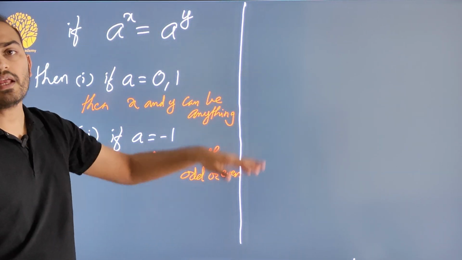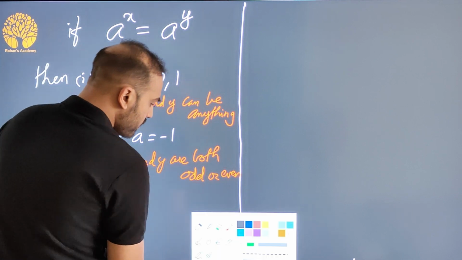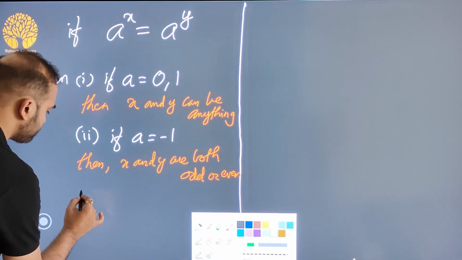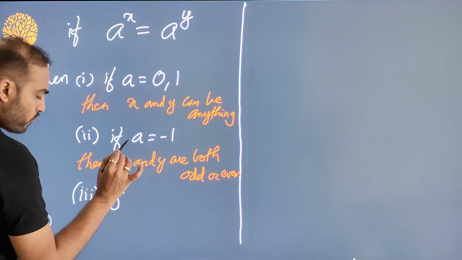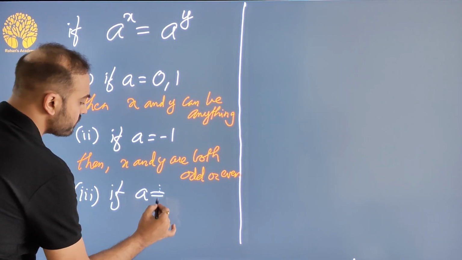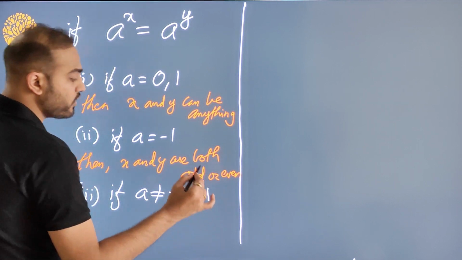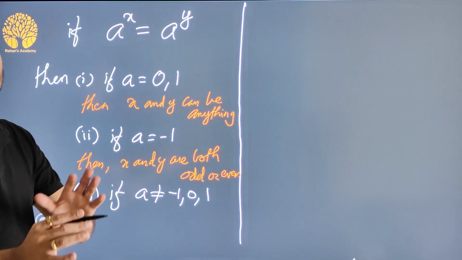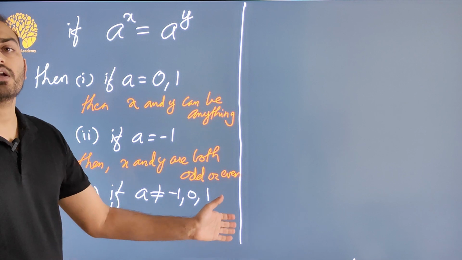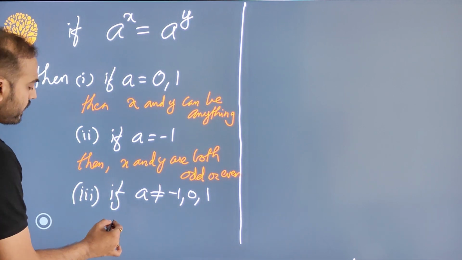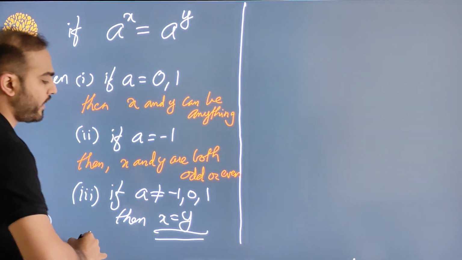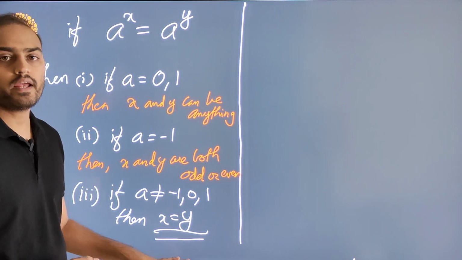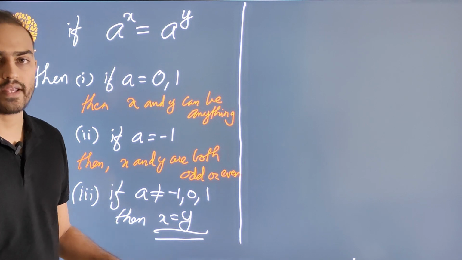So x and y need not be equal. Similarly, only if a is not equal to minus 1, 0 or 1, only if you are able to establish that, then you say x is equal to y. Only then can you say that x is equal to y.